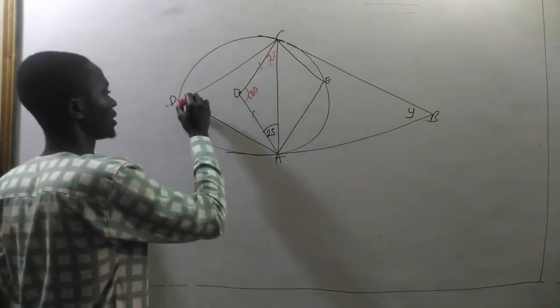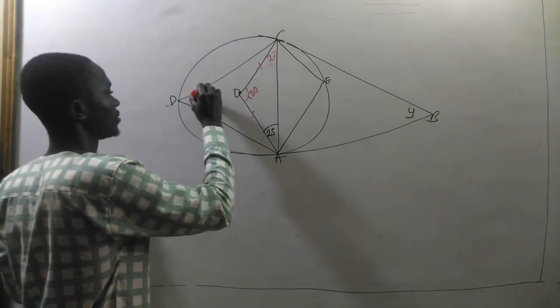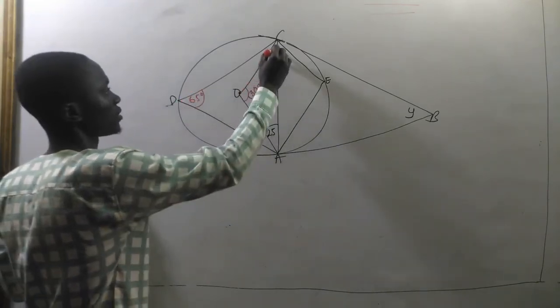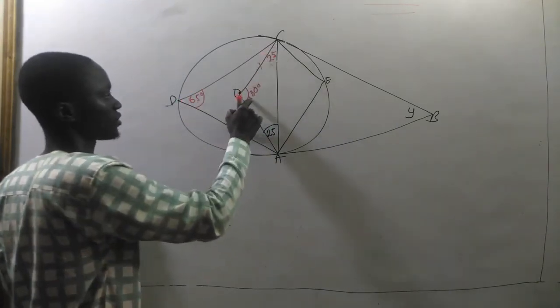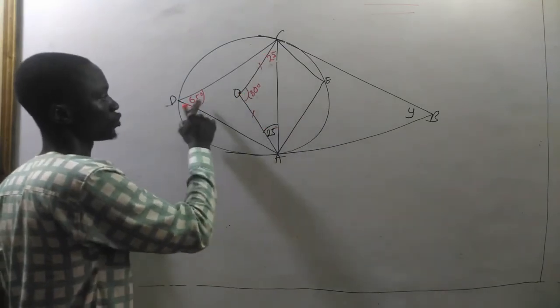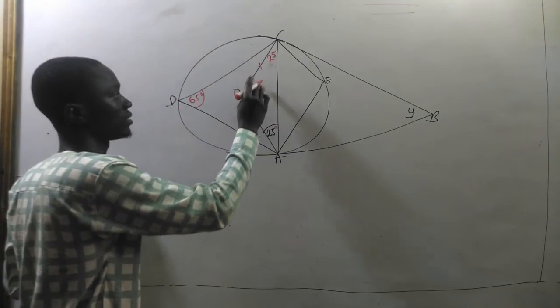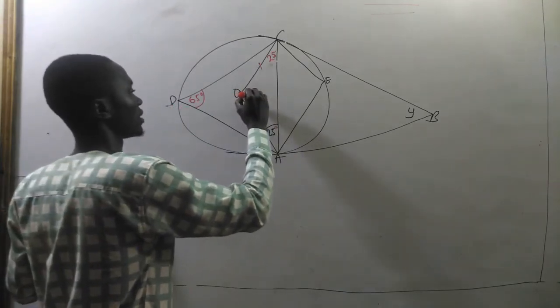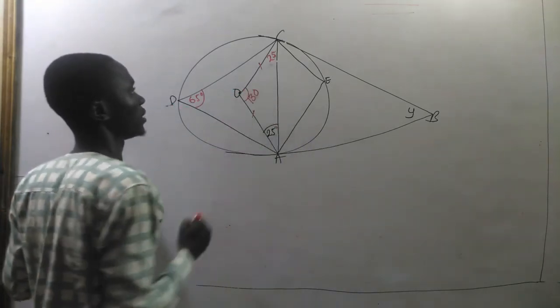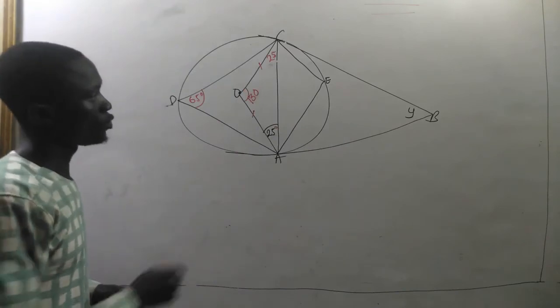So it means that this angle is 65 degrees. That is the central angle theorem. Twice the angle at the circumference is equal to the angle at the center. This is 130.